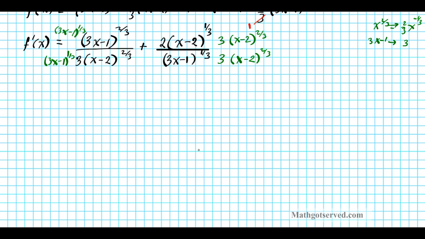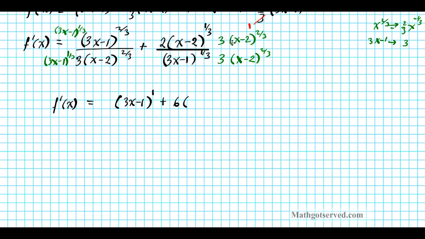All right, so we're going to multiply the numerators. So we're going to have f prime of x. Now, if you notice, these two quantities here have identical bases. So we can use the product property of exponents to express it as 3x minus 1, and you add the exponents. Anytime you multiply exponents with the same base, you add the exponents. A third plus 2/3 is just 1. Over here we have 2 times 3, which is 6.